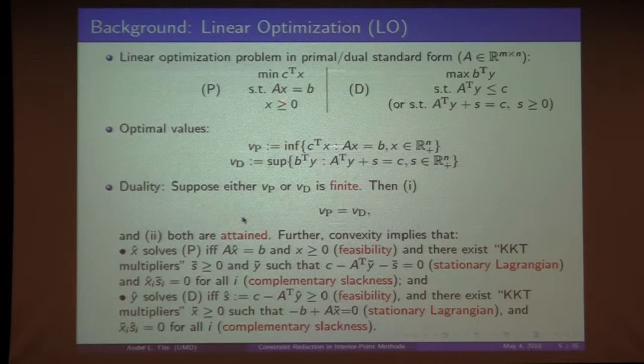Second condition is that you need x to be feasible, satisfying the constraint. And third condition, you need so-called complementary slackness, which means that a so-called multiplier, so I will talk a little more about that in a minute, multiplier associated with a constraint can be non-zero only if the constraint is active.